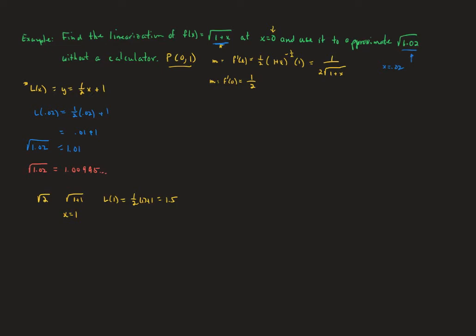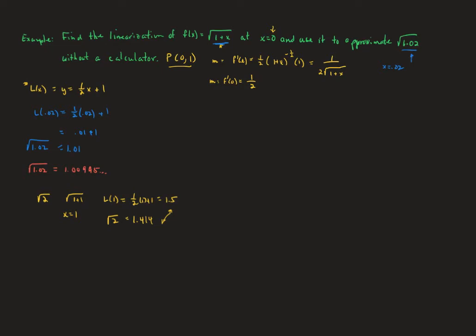And if you plug the square root of 2 into your calculator, I'm getting about 1.414 and so on. So you can see our error has gotten significantly bigger the further away from the point of tangency, x equals 0.